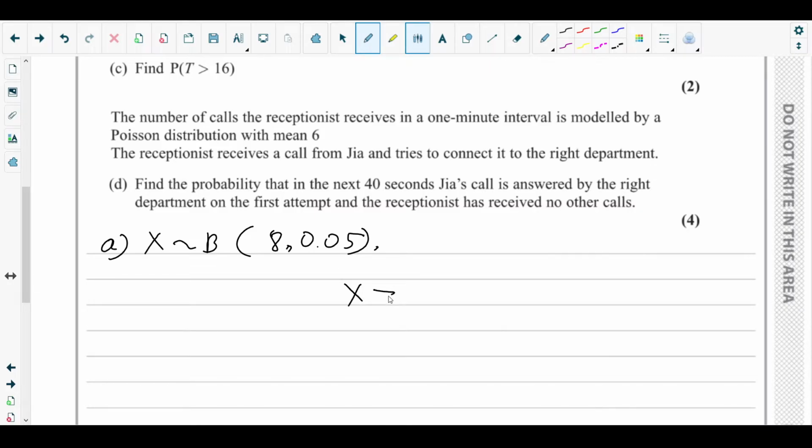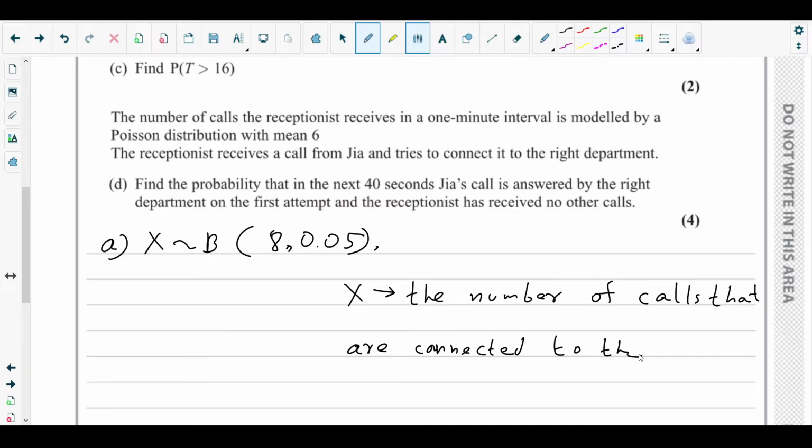X is the number of calls that are connected to the wrong department.